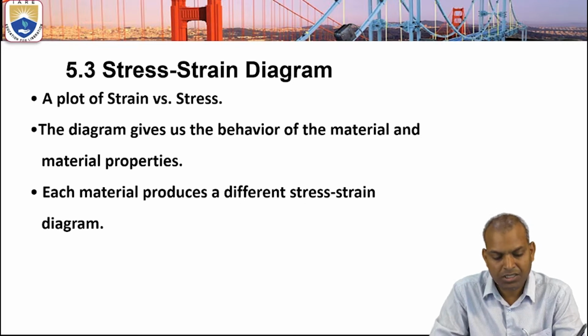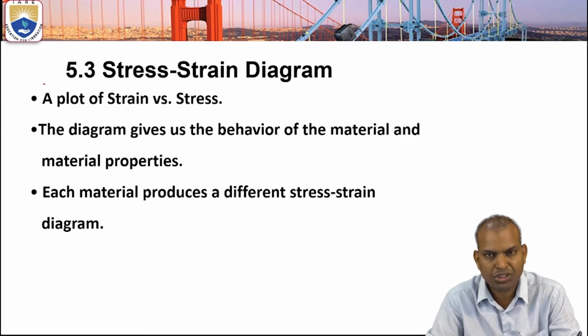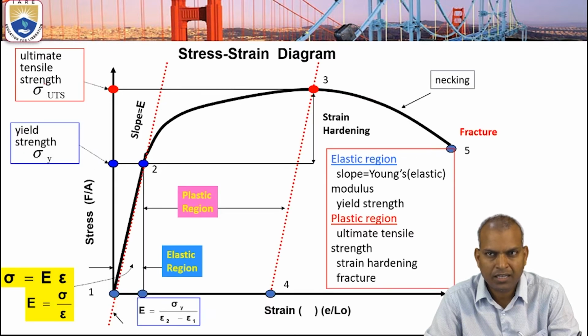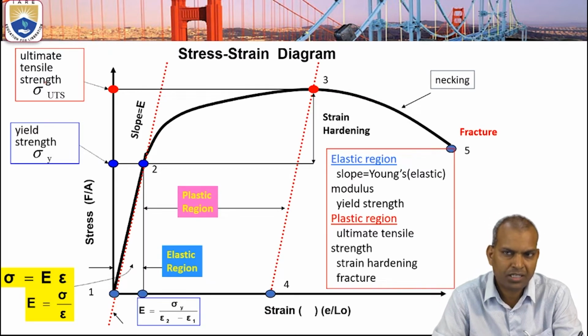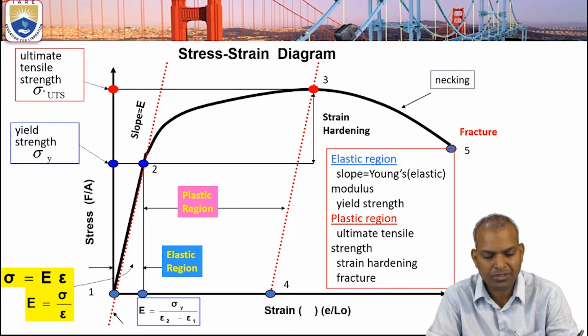The stress-strain diagram can be drawn using the universal testing machine. When a tensile load is applied in the universal testing machine, we can observe this stress-strain diagram. The stress-strain diagram for a ductile material looks like this.